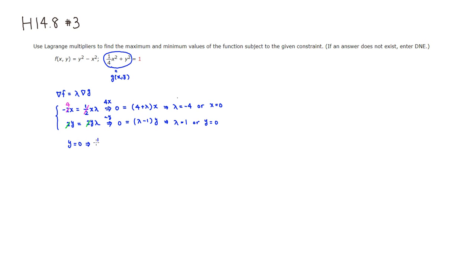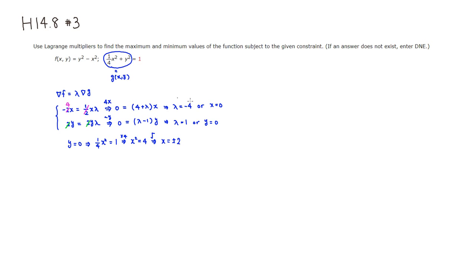So we have 1/4 x squared is equal to 1. Then we can multiply by 4, so x squared is equal to 4. Taking the square root of both sides, x is equal to plus or minus 2.